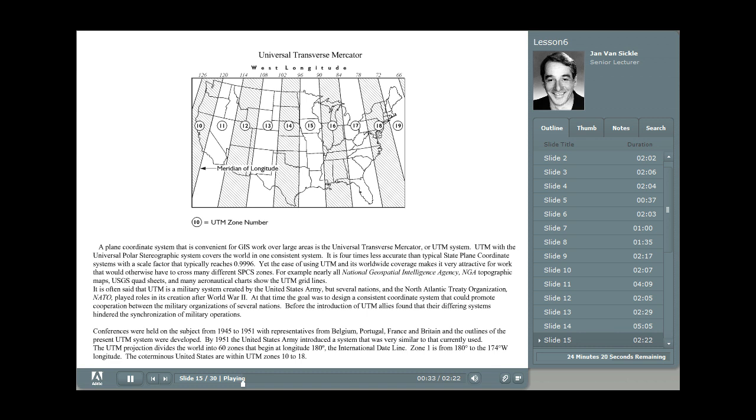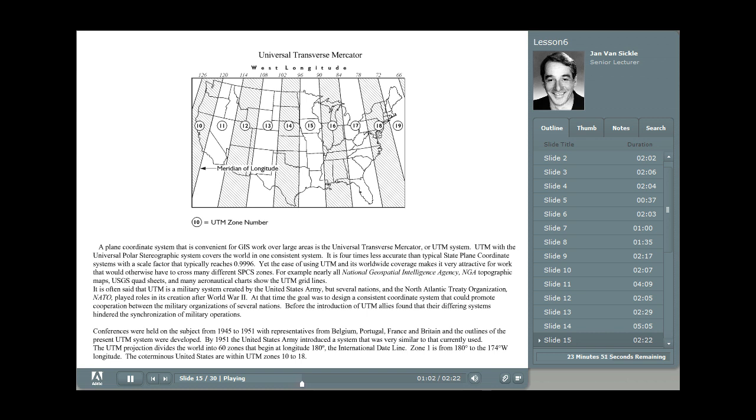And of course, as expected, when one gets a larger bite, a larger portion of the Earth, the scale factor becomes not nearly so attractive. And you will notice here that it is 4 times less accurate than the typical state plane coordinate system. And UTM has a scale factor that typically reaches 0.9996.